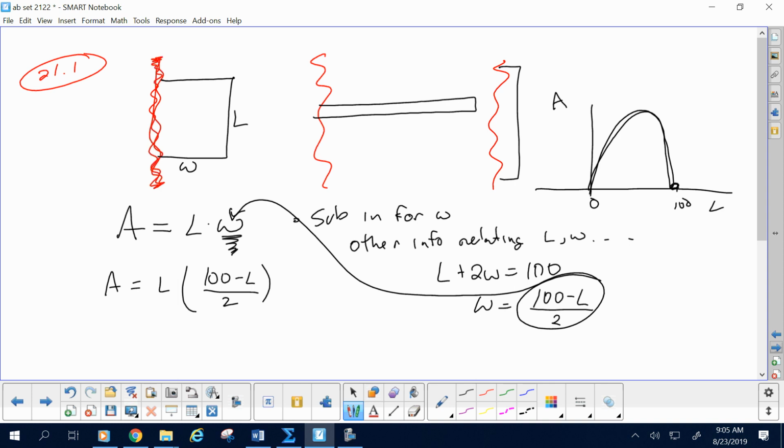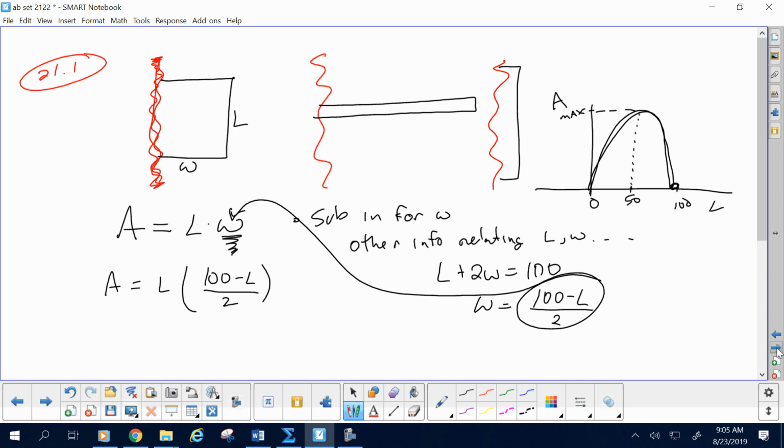So again, I ask, what's the best L? If L is 50, doesn't that yield the max area? Yeah. So the best possible case would be if you make L 50, which makes the other sides both 25. That is the best way to make the fence because that gives you the most area for your dog.